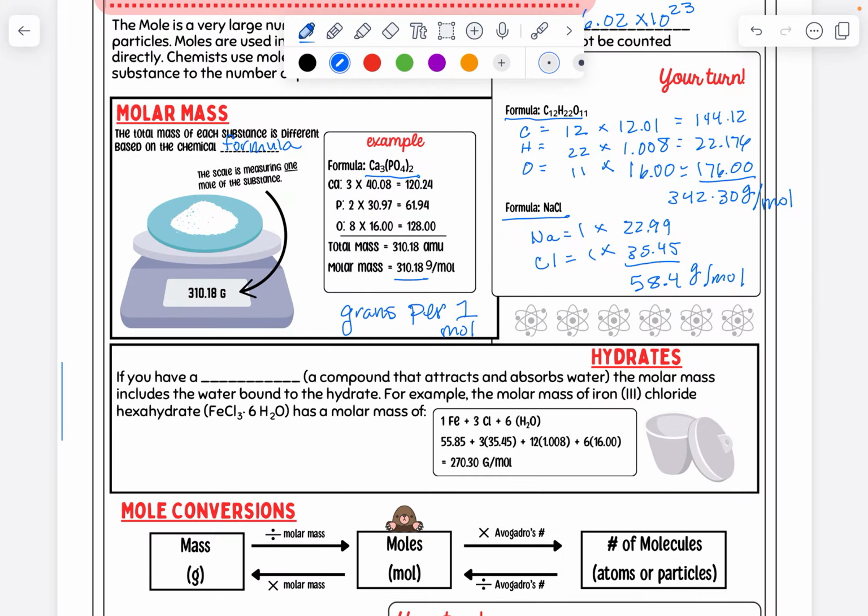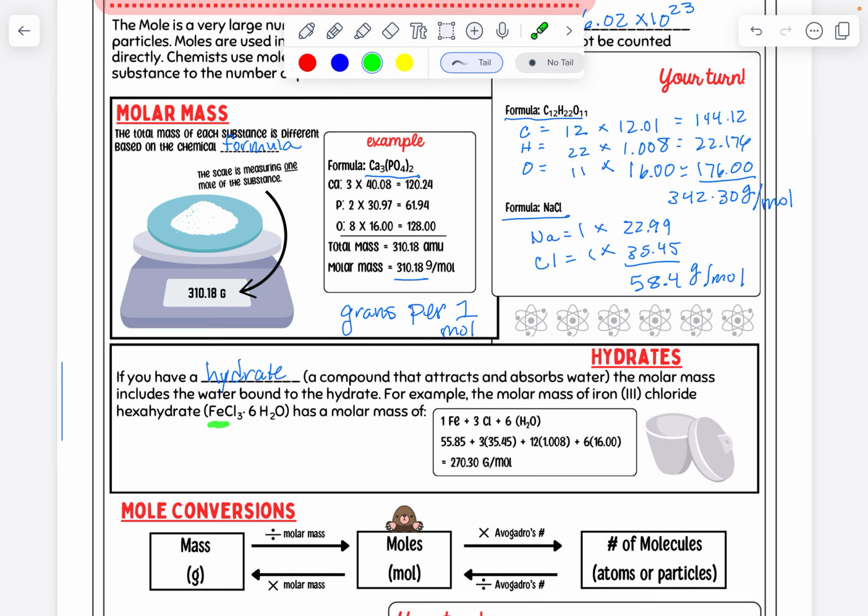So we have a thing called a hydrate, and if you have a hydrate, it's a compound that attracts and absorbs water, and the molar mass includes the water for that hydrate. So here we have an example of iron 3 chloride hexahydrate, and we'll show you how to find the molar mass.